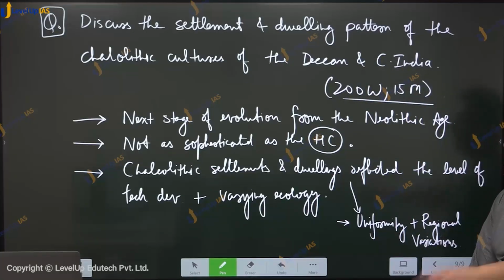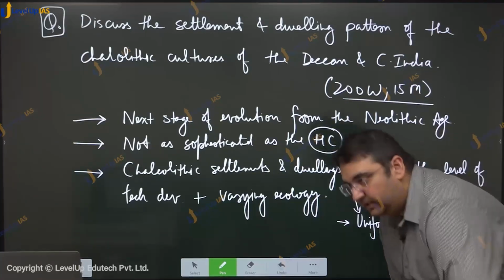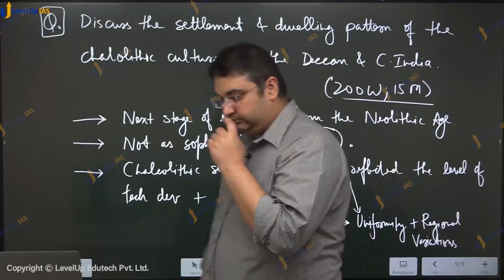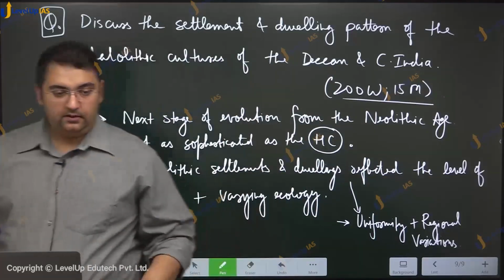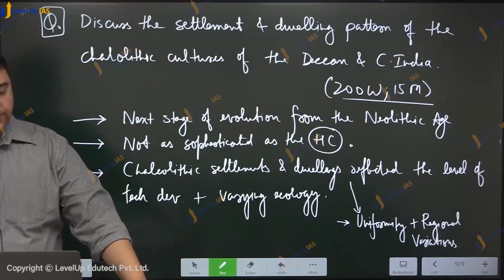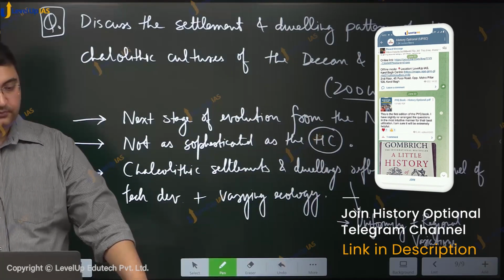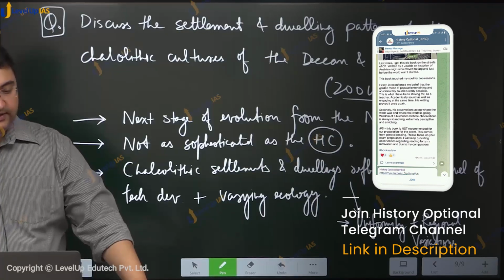The Chalcolithic settlement pattern represents the next stage of evolution from the Neolithic age.